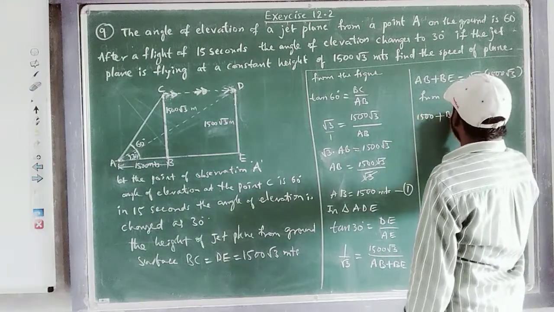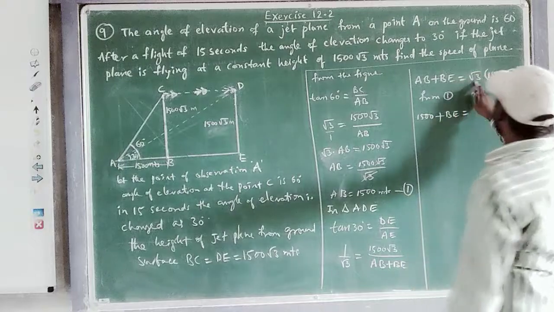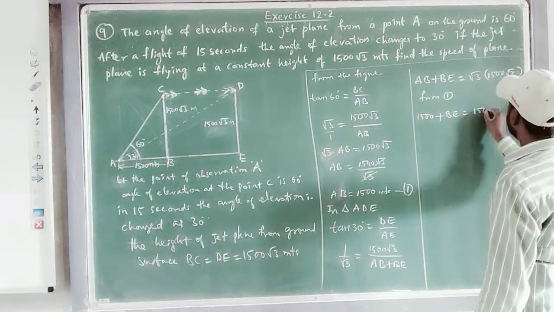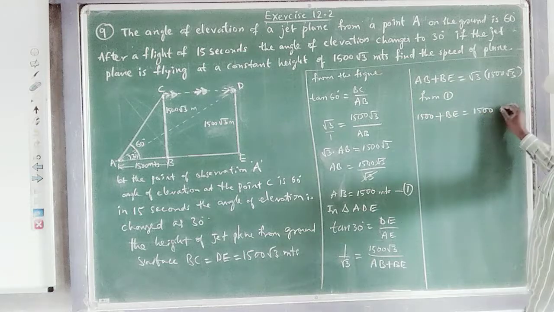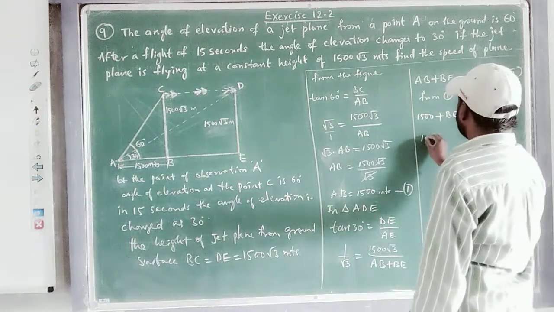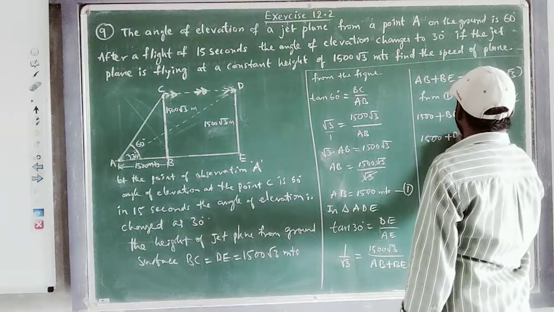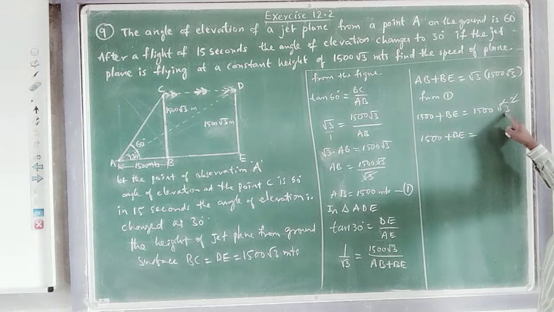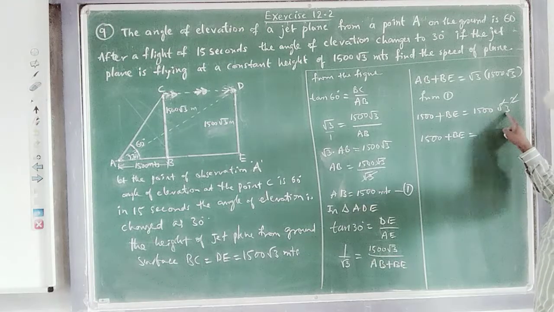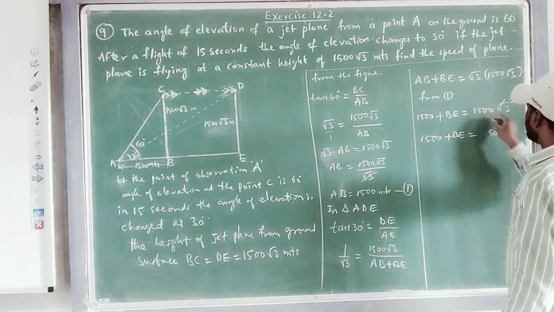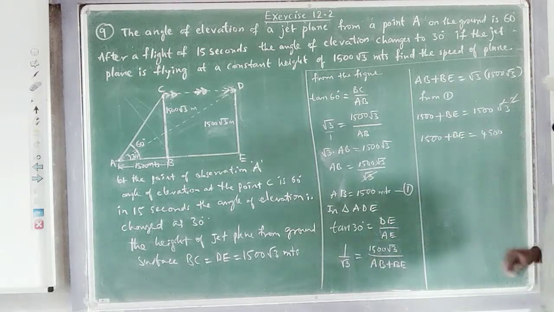Now, root 3 into root 3, the square root gets cancelled, and 3 is remaining. 1500 into 3 is 4500.